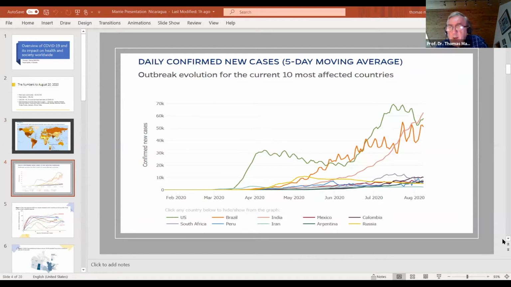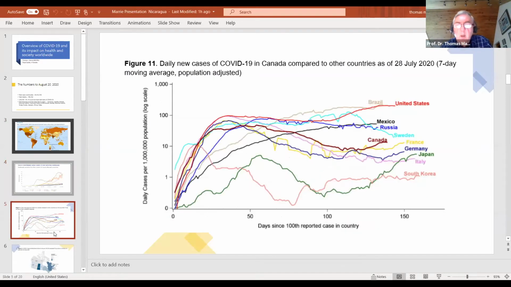My next slide, which doesn't seem to want to come, indicates where Canada fits in relationship to the daily number of new cases, which are population adjusted. US and Brazil are at the top, and you can see Canada is somewhere in the middle.